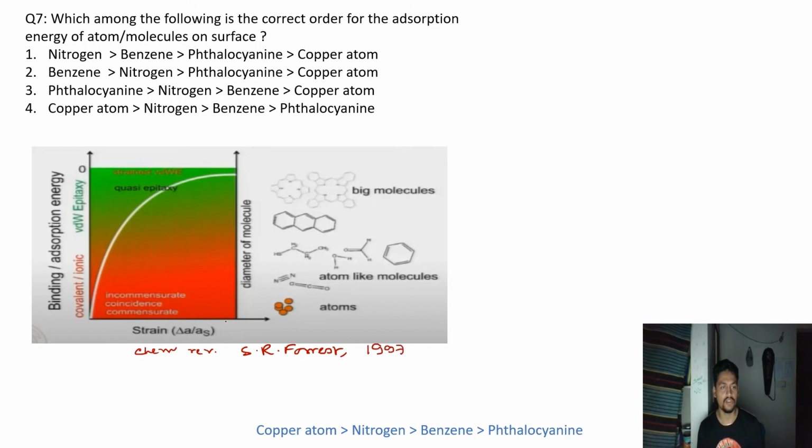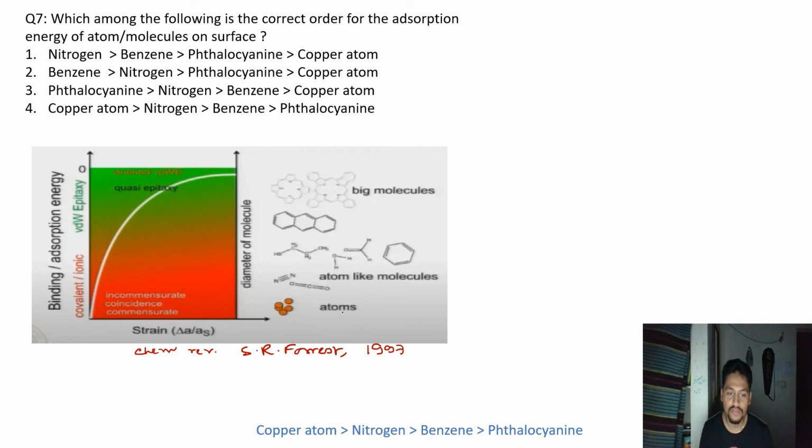Here, the binding energy or the adsorption energy is changing from atom to molecules, depending upon the diameter of the molecule. The diameter is a bit difficult to understand, but you can think of it like the area of contact. If the molecule is bigger, the area of contact is going to be higher. So depending upon the diameter of the molecule, the adsorption energy changes.